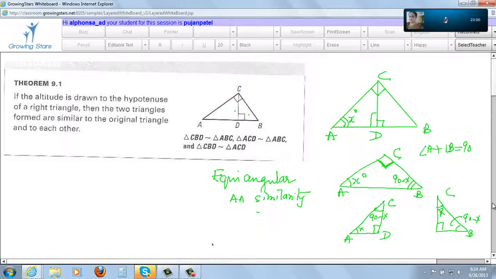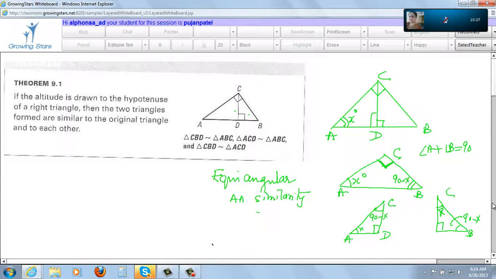All their angles are the same: 90, x, and 90 minus x in each. So they are equiangular, and that's the definition of similar triangles. So the triangles are similar.